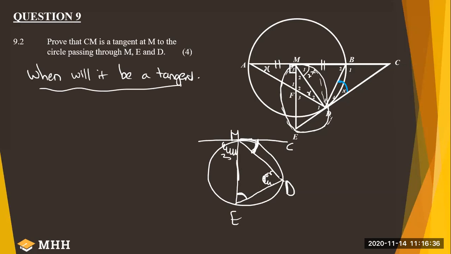Right, let's see if we can prove it. Is it going to be possible to prove that E is equal to 2x? Because I know M1 is going to be 2x. Is this going to be easy? It doesn't look too easy to me at all.